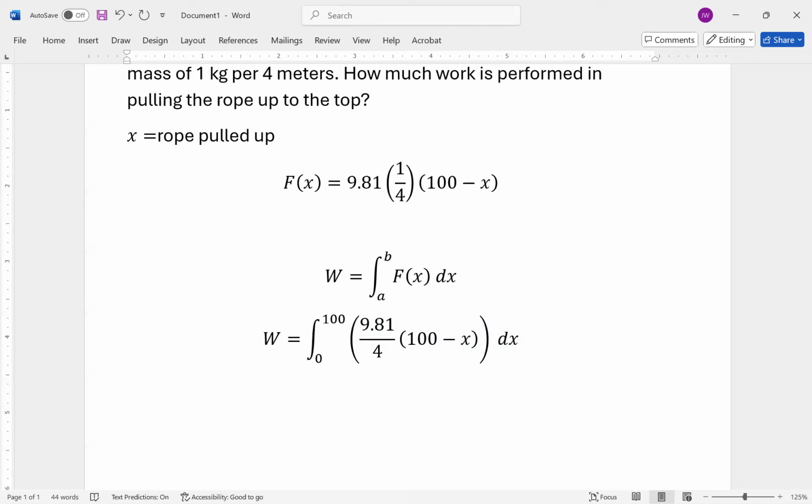When I type that into my calculator and did the calculations, I got that the amount of work that was done is 12,262.5. Again, this would be in Newton meters or joules.